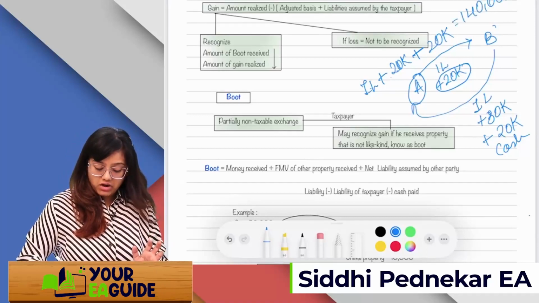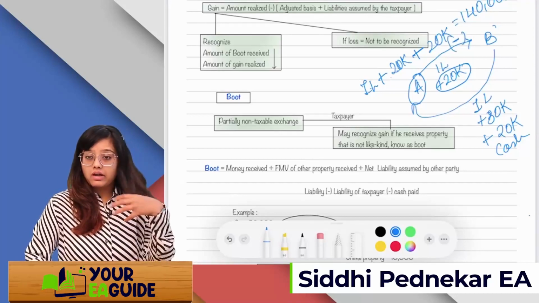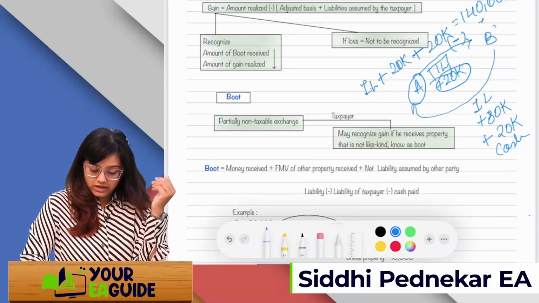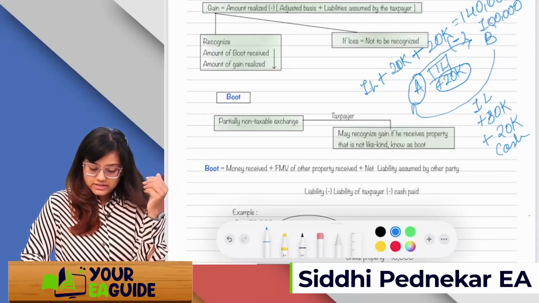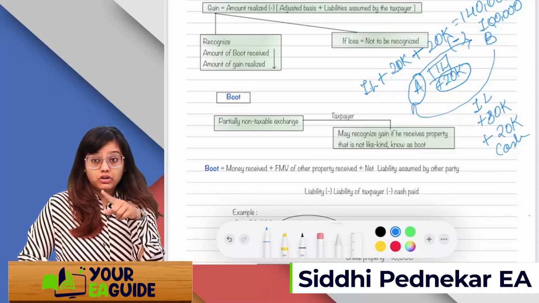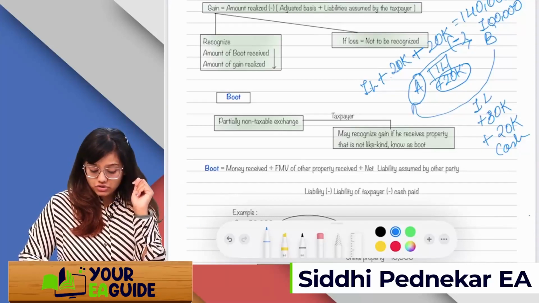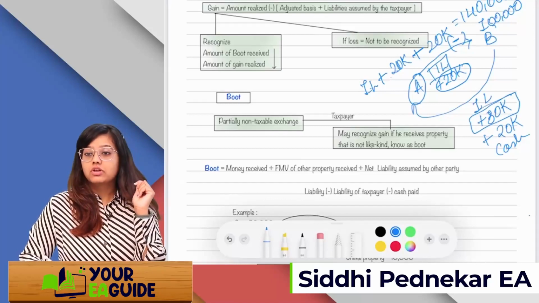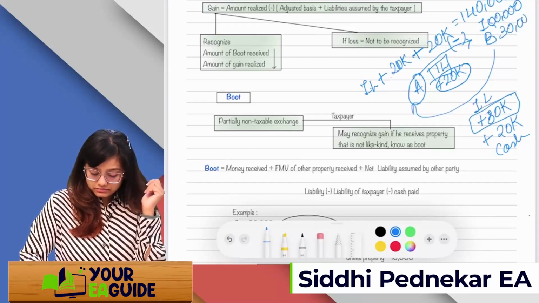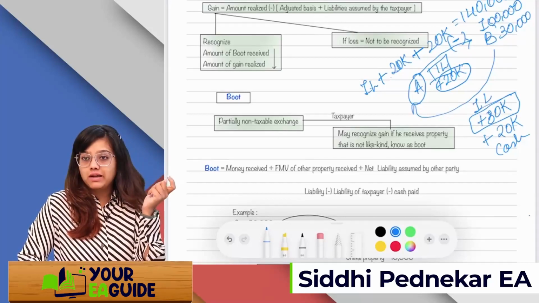Now I'll reduce whatever I have given up. What I have given up, the property, is having a value of 1 lakh. Second, I have assumed the liability of the other person, so that also I can say is a payment for me, future liabilities.